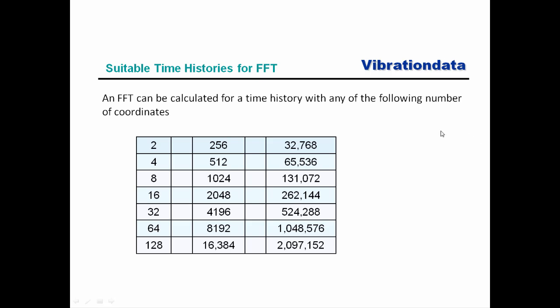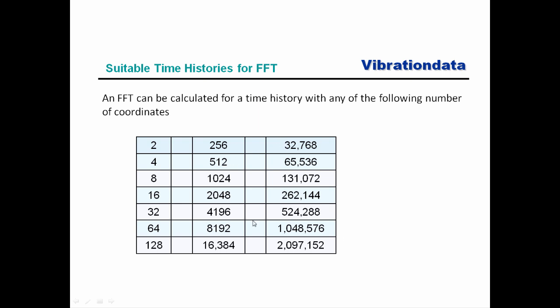So an FFT can be calculated for a time history with any number of the following coordinate pairs or data points. If we have exactly 2 points in our time history, we can calculate an FFT. If we have exactly 4 points, we can calculate an FFT. Likewise, if we have 8 points, or 16, 32, 64, and so on. You can see this series of numbers here, each time going up by a multiple of 2.